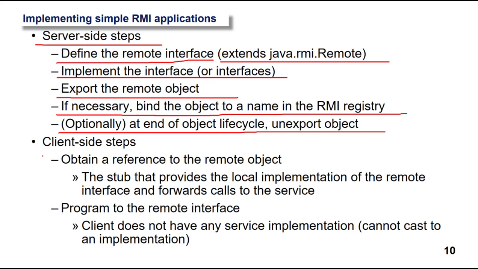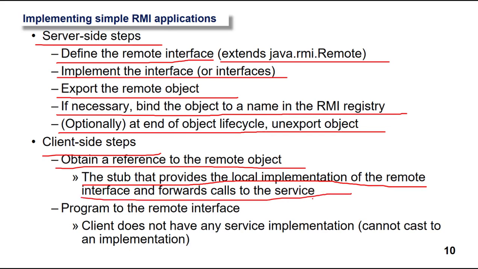At the client side, there are a number of steps as well. The first thing is to obtain a reference to the remote object, the stub that provides the local implementation of the remote interface and forwards calls to the service. And then finally, when we've obtained stubs to all the objects that we want to use within our client program, always remember to program to the interface.